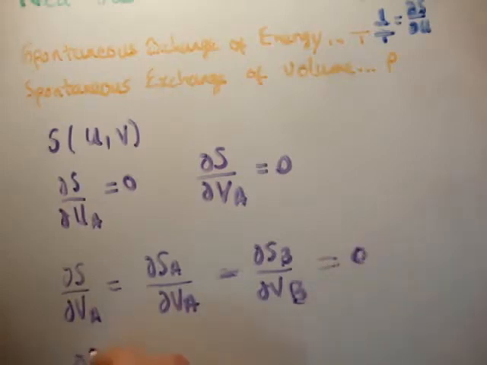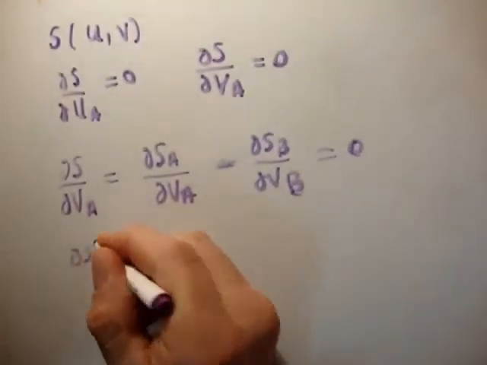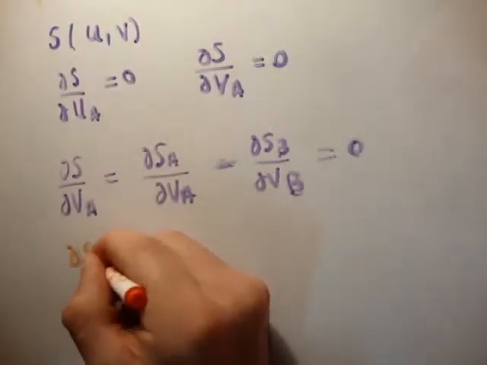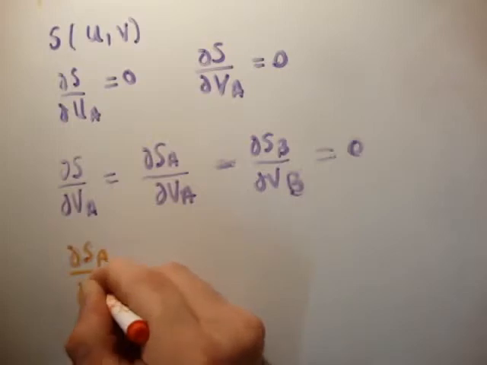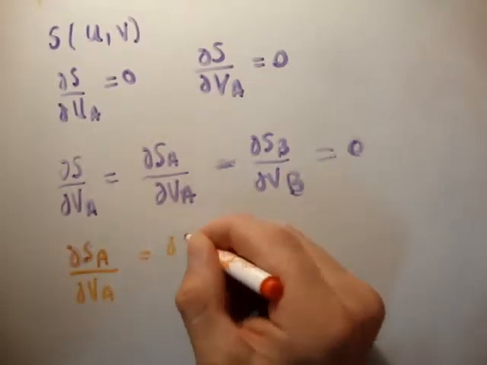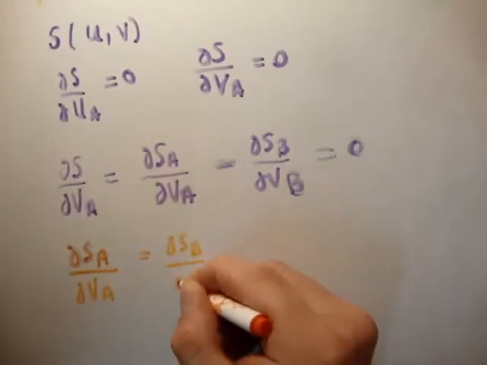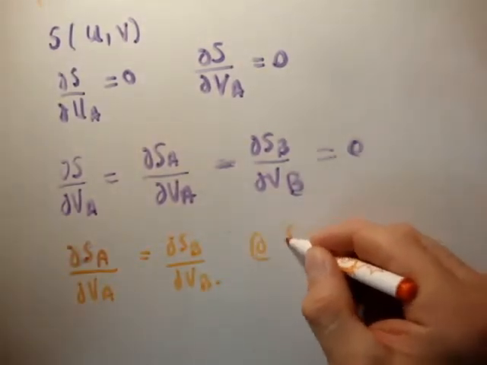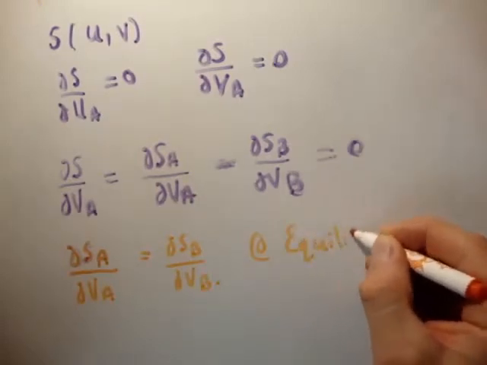So that means the change of entropy of A with respect to the volume in A is equal to the change of entropy in B with respect to the volume in B. Perfect. And that's of course at equilibrium.